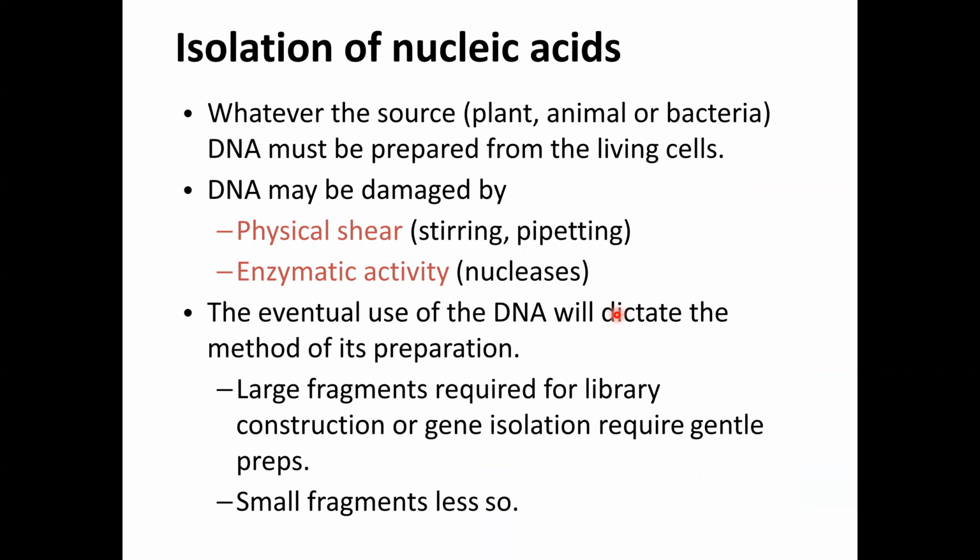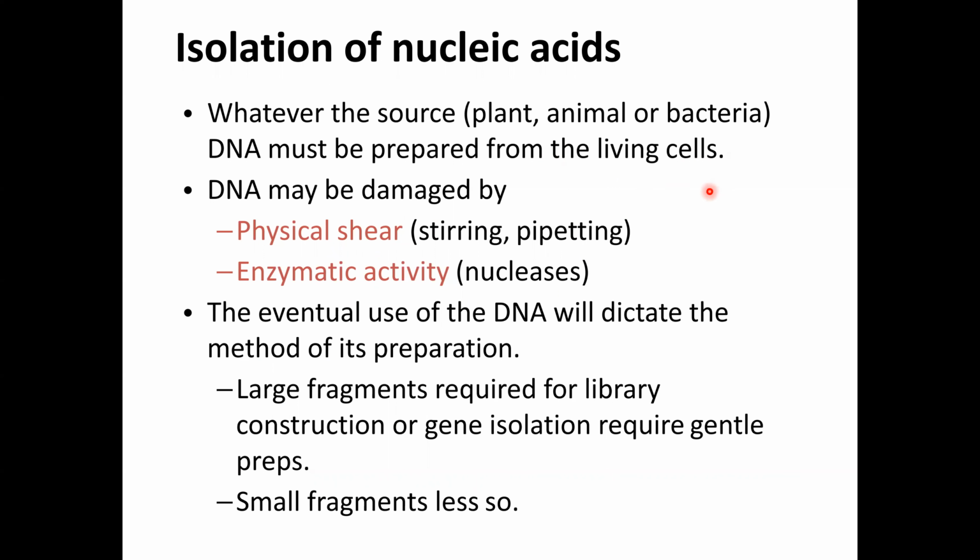If you are performing nucleic acid isolation and purification, you could use different sources. As you already know, you could use plant cells, animal cells, or bacterial cells. Take note that if you're going to use different sources of samples, you should have at least fresh living cells.